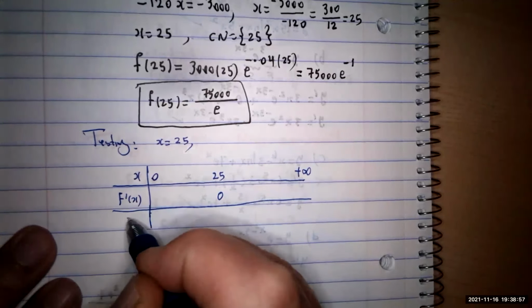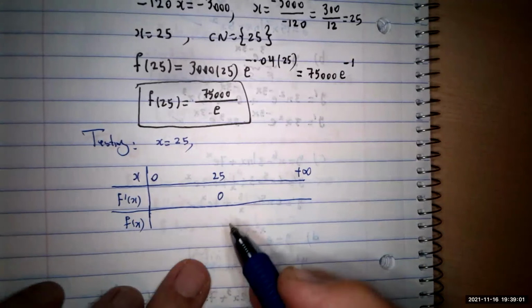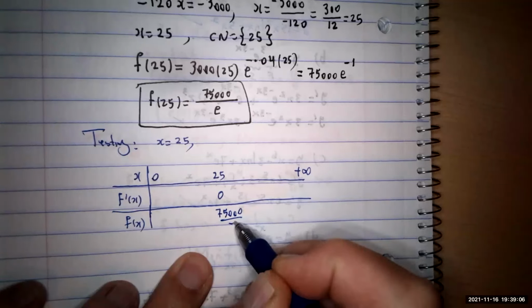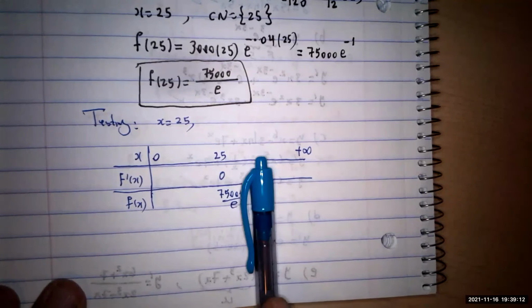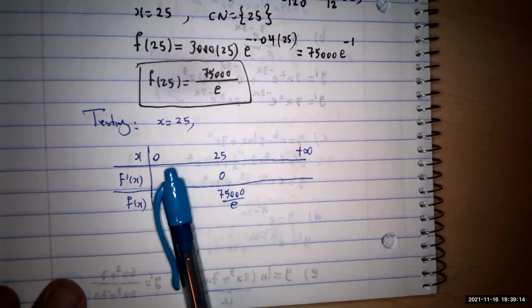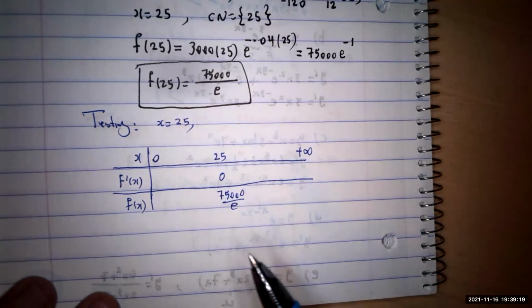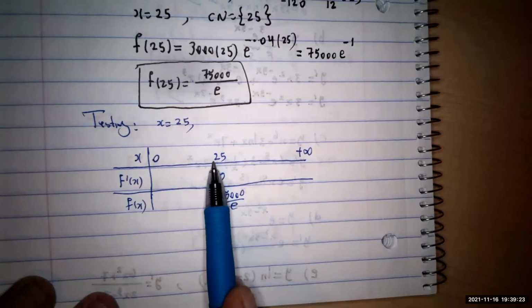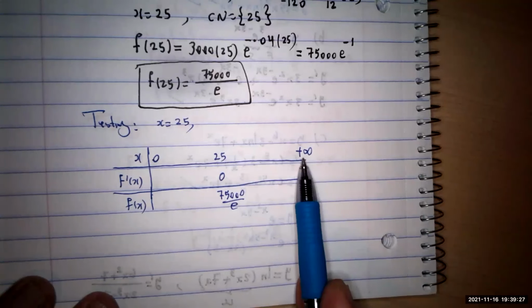This is going to be your f of x, and the only information is that it is 75,000 divided by e. So you have to determine the sign of f prime in two places. You have to pick two test numbers and show your test numbers. Pick one number between 0 and 25, and one number between 25 and positive infinity.